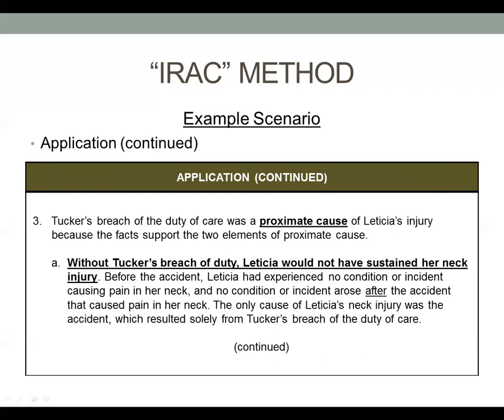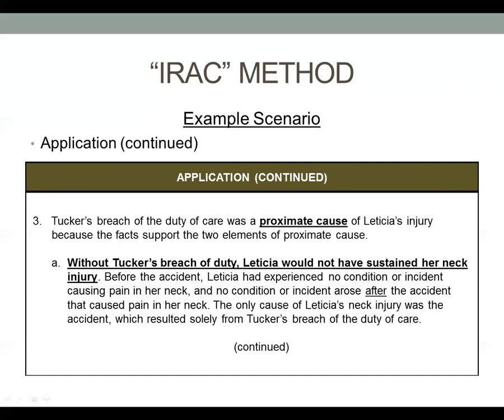As we saw in the facts section, Leticia had never experienced any incident or condition that had caused problems with her neck. Nor did she experience any such condition or incident after the accident. So the only possible cause of her neck injury was the accident with Tucker itself.